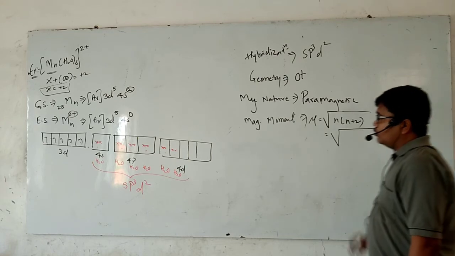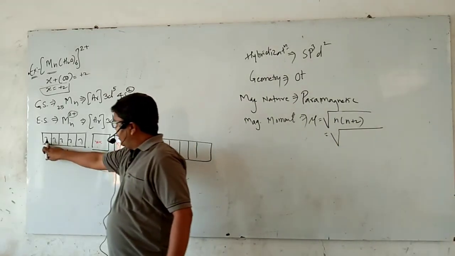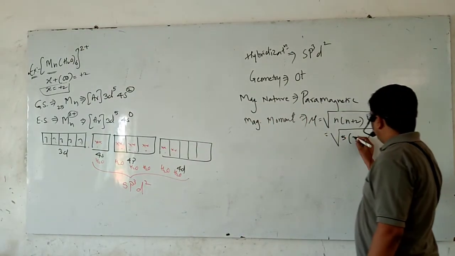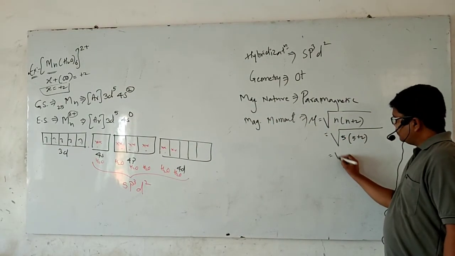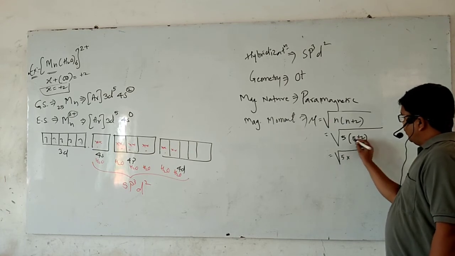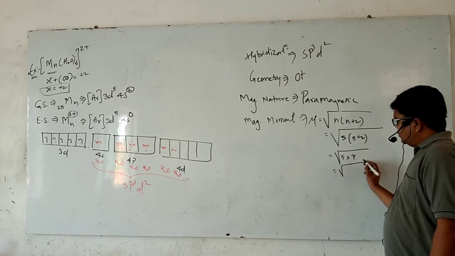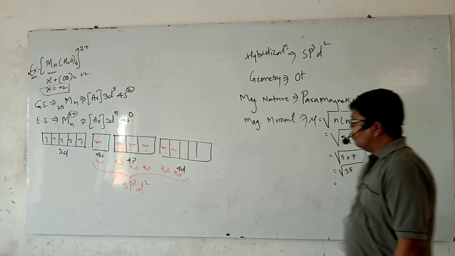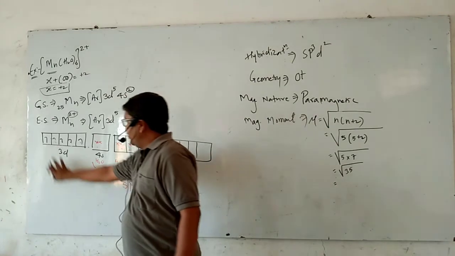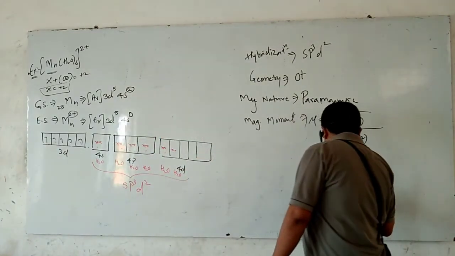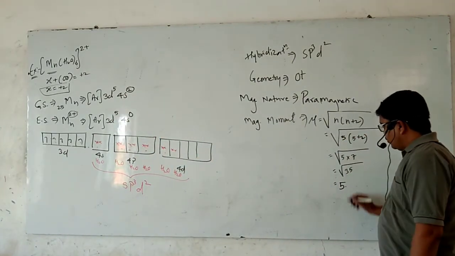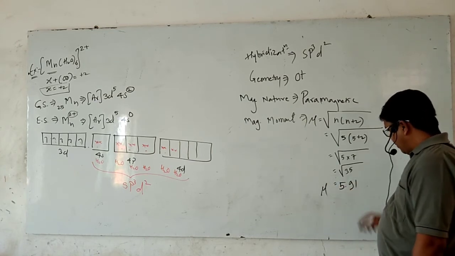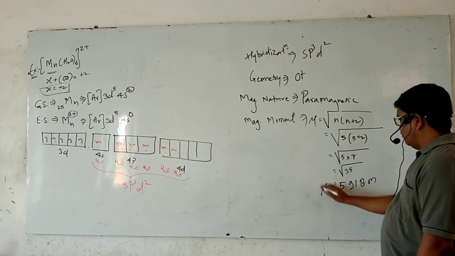How many unpaired electrons are there? 1, 2, 3, 4 and 5. So 5 into (5+2): 5 plus 2 is 7, and 7 into 5 is 35, so the square root of 35. As the number of unpaired electrons is 5, mu will be 5 point something. The square root of 35 is 5.91, so mu is equal to 5.91 here.